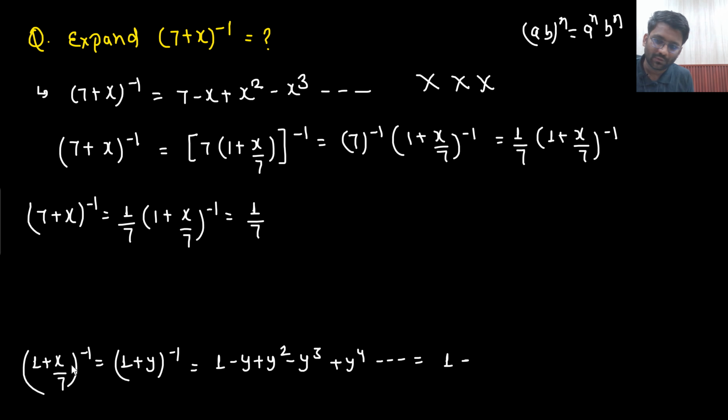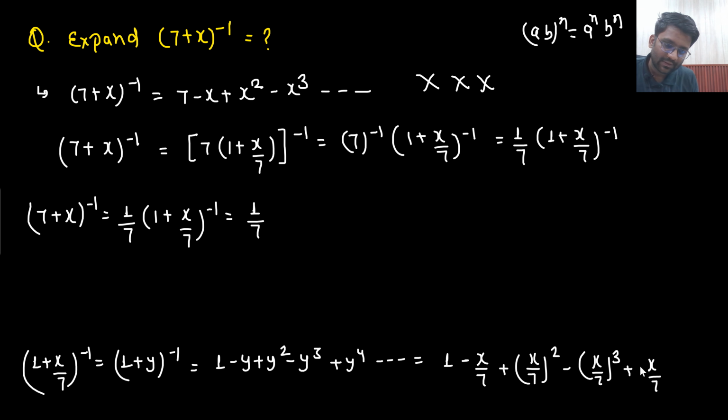Now 1 minus y, and y was nothing but x by 7, plus x by 7 whole square, minus x by 7 whole cube, plus x by 7 to the power 4 and so on.